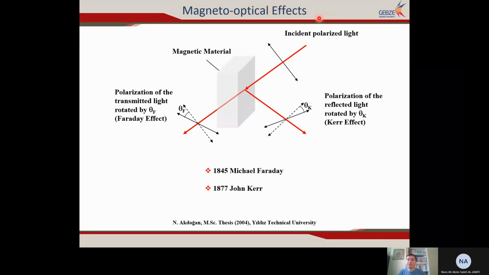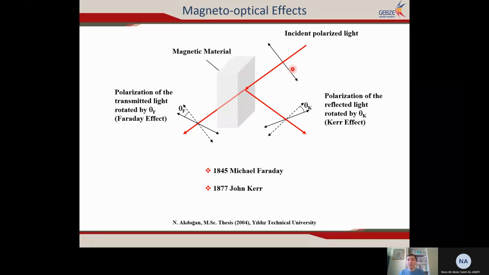So what is the origin of these magneto-optical effects? In 1845, Michael Faraday did an experiment. He used a polarized incident photon, a laser beam, let's say, or you can consider white light, and it is polarized. It has a certain polarization. And here there is a magnetic material.